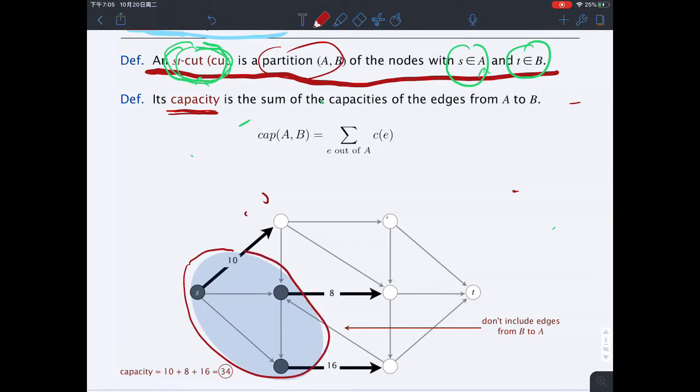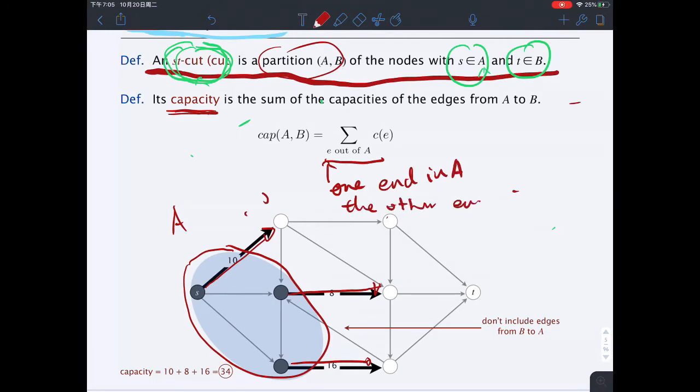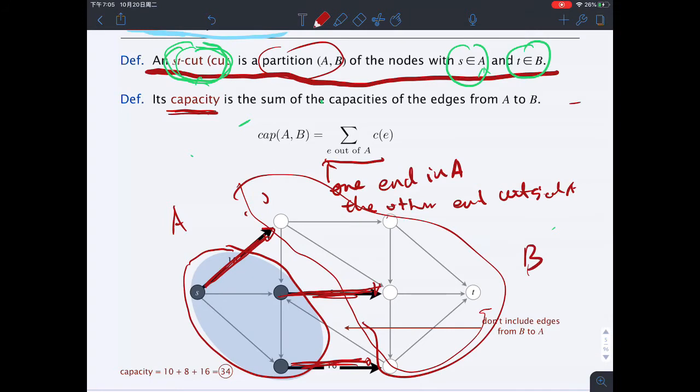Basically, for the capacity of the cut, you look at the entire set A and count all the edges coming out of A. When I say coming out of A, I mean that one end is in A, and the other end is outside A.